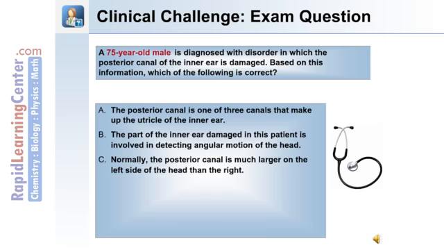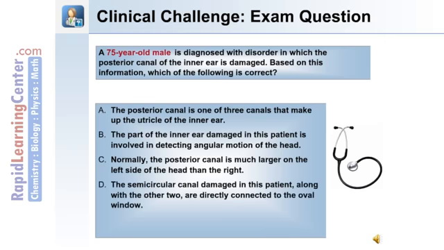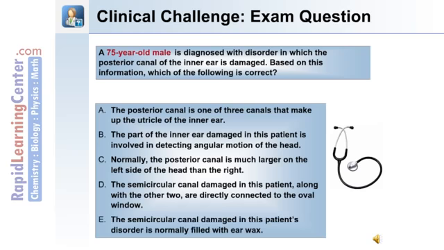C. Normally, the posterior canal is much larger on the left side of the head than on the right. D. The semicircular canal damaged in this patient, along with the other two, are directly connected to the oval window. Or E. The semicircular canal damaged in this patient's disorder is normally filled with earwax.